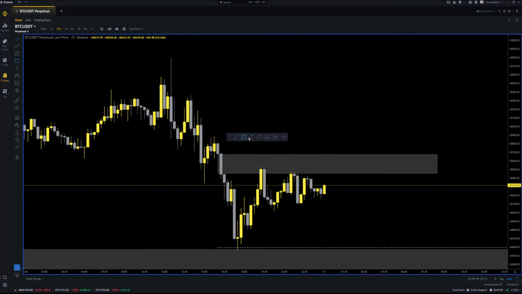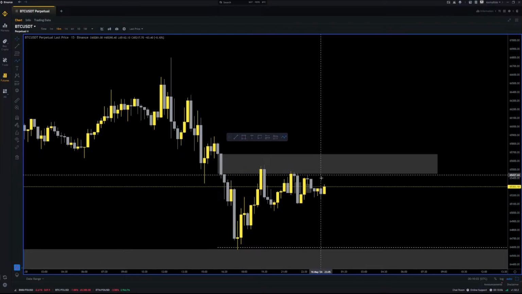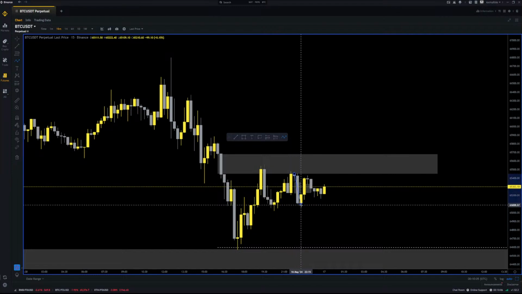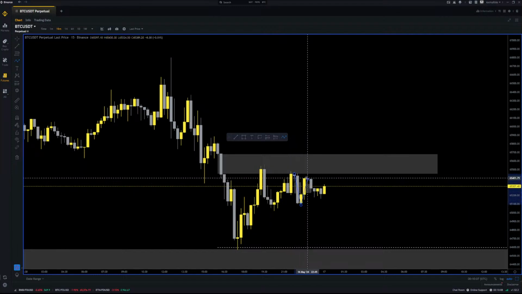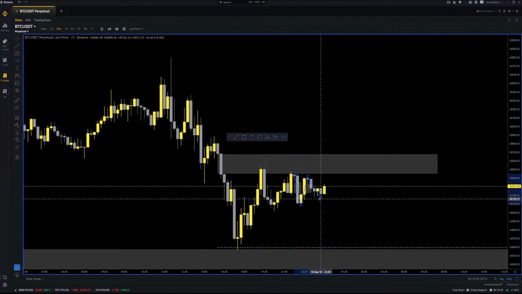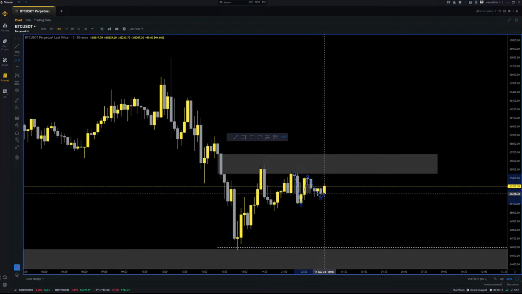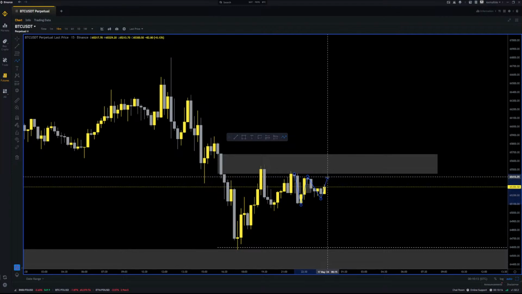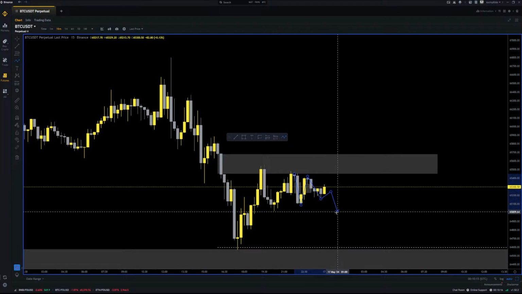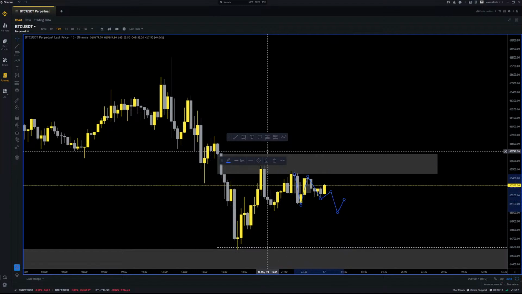We created a new imbalance like here, but this didn't hold the price, which led the price to create a new imbalance here, to which we suspect that price might go higher because we have created a turn like here. But as you can see, no, it doesn't. We might push lower because we created another bar.